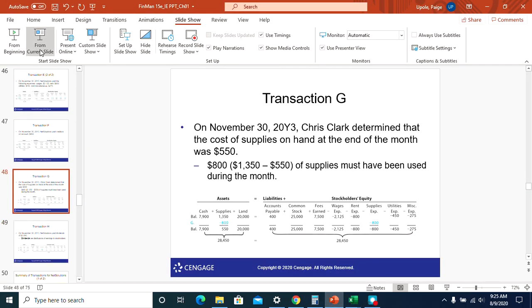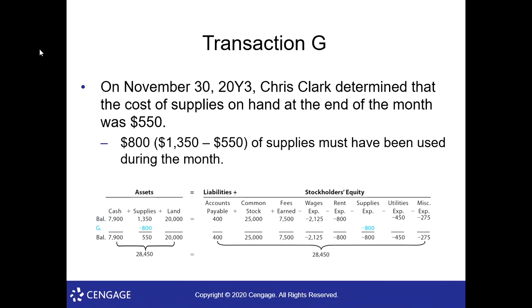Now I have transaction G. On November 30th, Chris Clark, he must be a management person in Net Solutions or some other type of employee, determined that the cost of supplies on hand at the end of the month was $550.